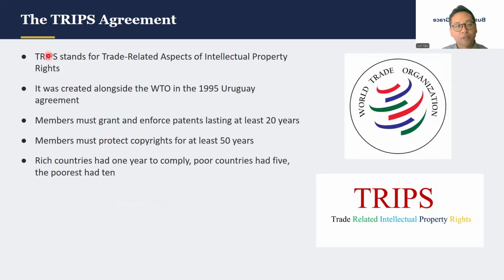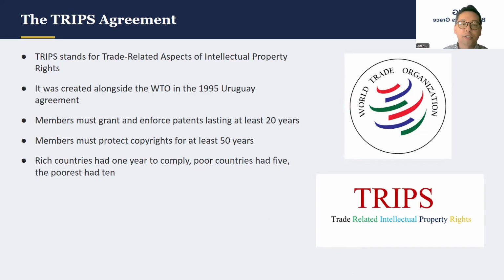Let's talk about the TRIPS agreement. It stands for Trade Related Aspects of Intellectual Property Rights. It was created in 1995 at the same time as the World Trade Organization itself.